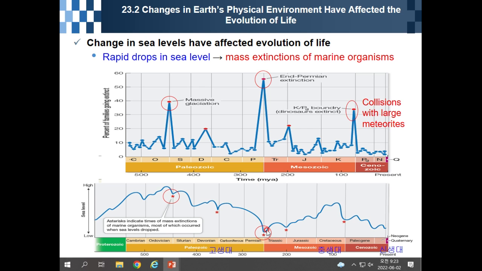And also around the end of Cretaceous, there is a collision with a large meteorite, and the sea level drops like this. At that time, there is also a mass extinction of marine organisms.